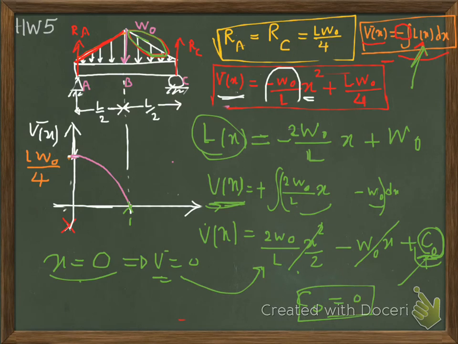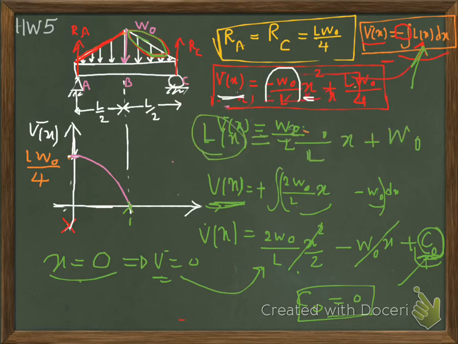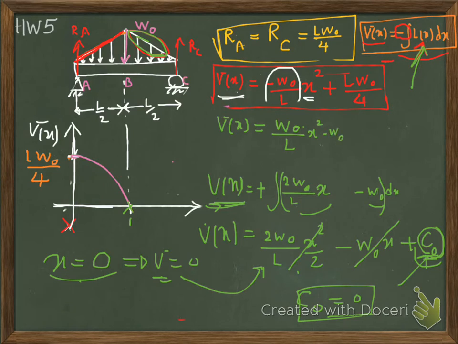Here, I write it, I don't need that anymore. I bring the function here and write it. So Vx for the second part would be W naught over L x squared minus W naught x, and C naught was 0, so we took care of it.